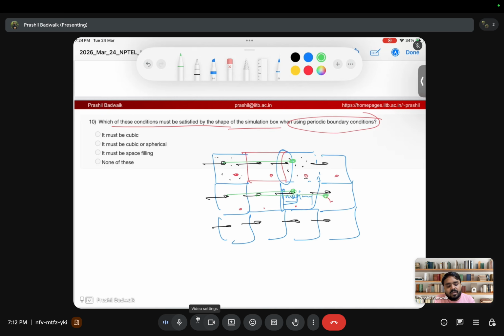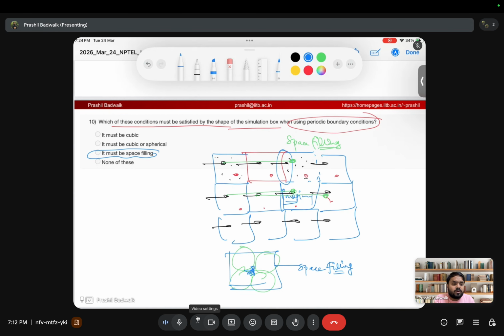So it is space filling. You cannot have some periodic boundary condition which will look like this, because if it's stuck over here, we don't know how to get out of it. So it should be space filling, among various other options.